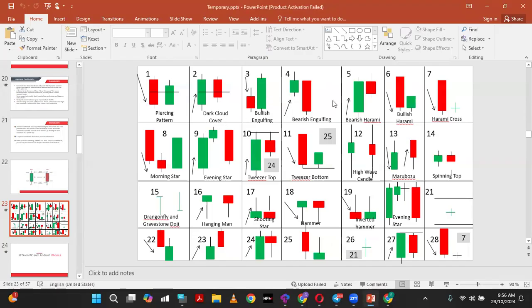So there's what you call a bearish harami. You have a bullish harami. You have a harami cross. You have a morning star, and you have an evening star.